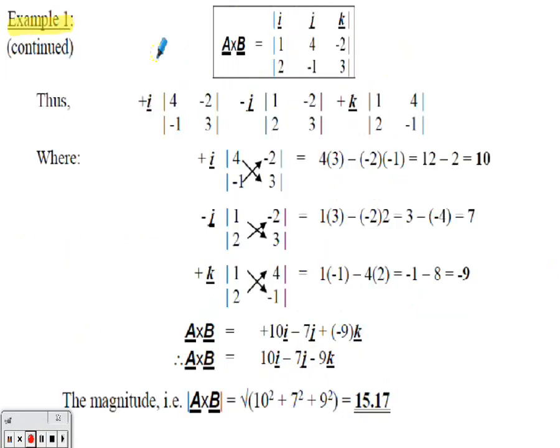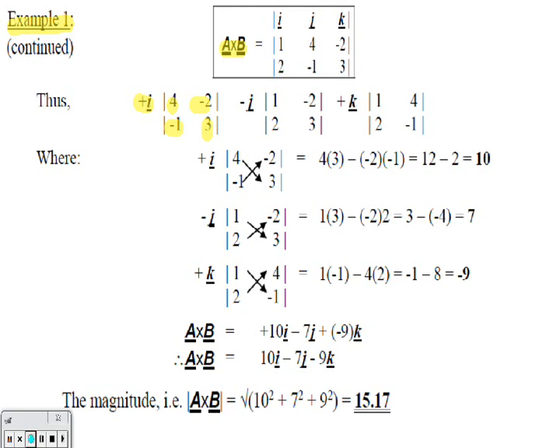Example 1 continued. I just repeated the A cross B determinant here for convenience. We're now going to solve for individual i, j and k components. So the plus i determinant here will be 4, minus 2, minus 1, 3. And we get that by covering up the i column and reading the coefficients.